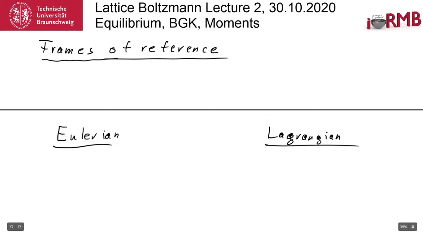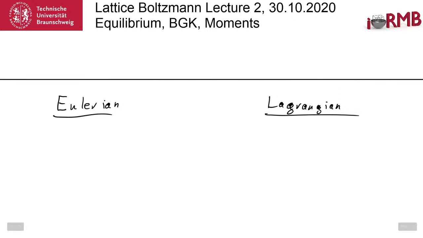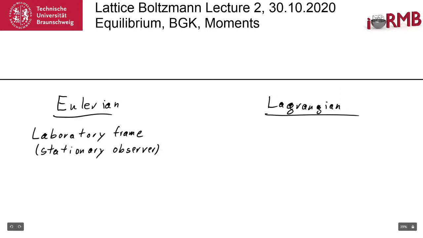They play a big role here. The Eulerian frame of reference is the laboratory frame. This means there is a stationary observer. The moments that we have in the Eulerian frame are called raw moments.